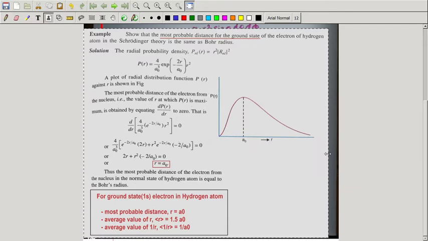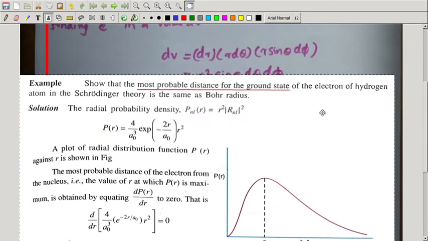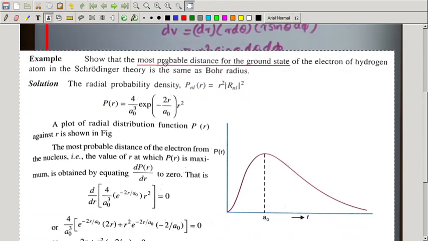So the problem is this: show that the most probable distance of the ground state electron in the hydrogen atom in Schrödinger theory is the same as the Bohr radius.